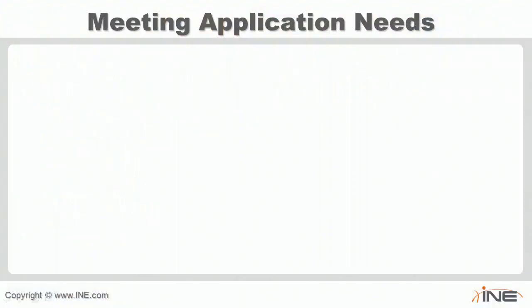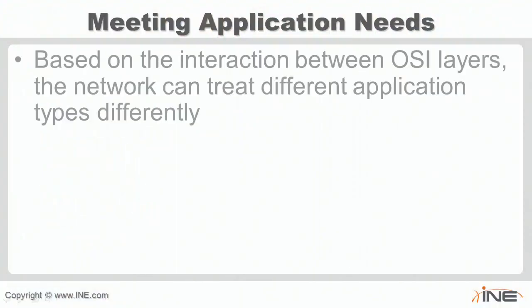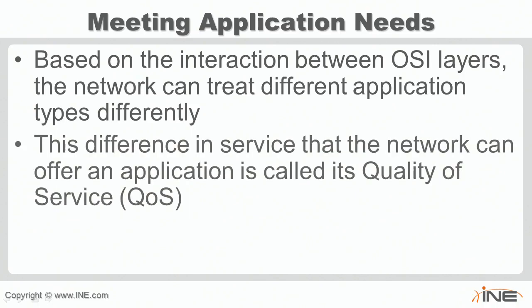But with these different applications, based on how the interaction is going to happen in the OSI layers, which we talked about as the interaction between IP and then a TCP header, or IP and a UDP header, the network can offer different levels of service, or what we sometimes call the quality of service, or QoS, to the application.